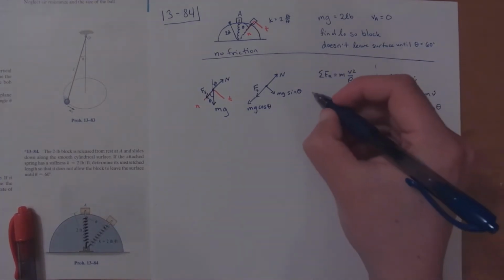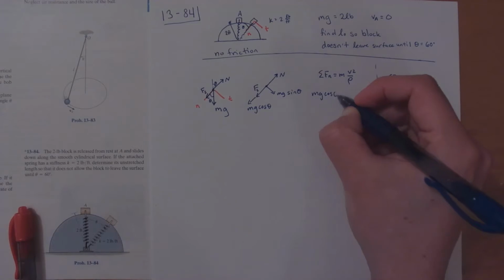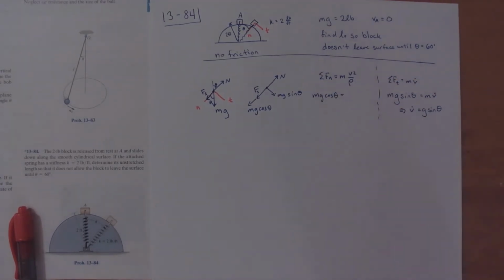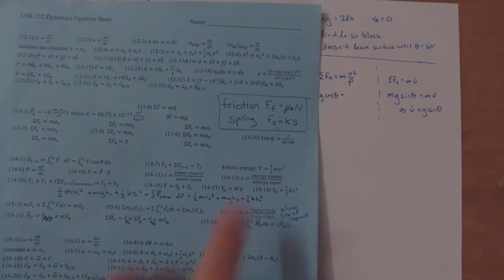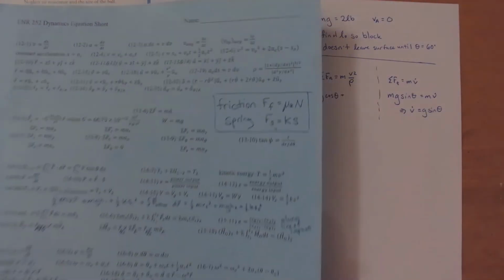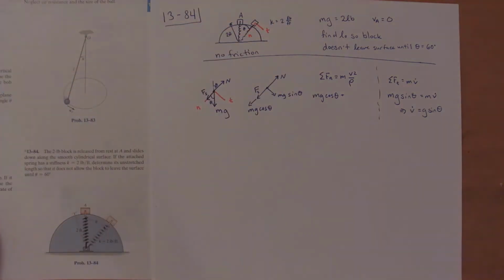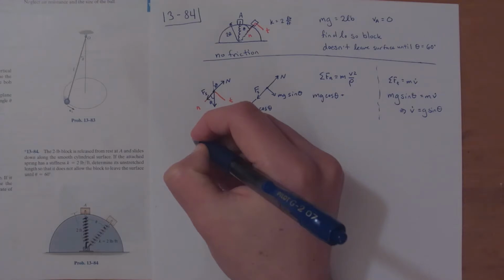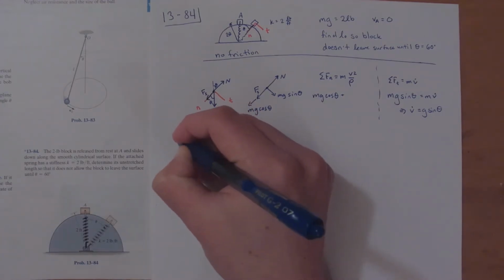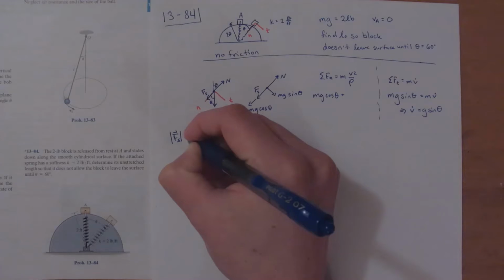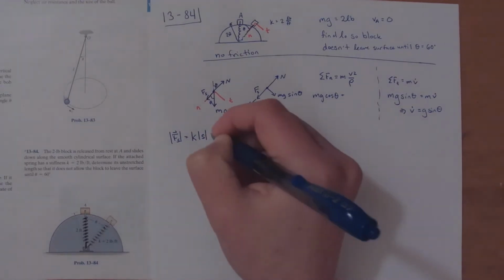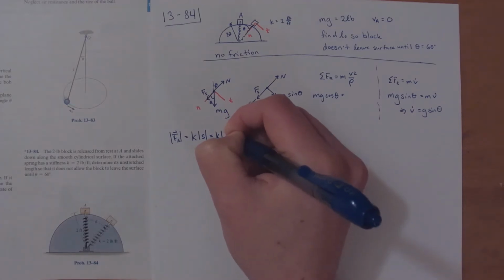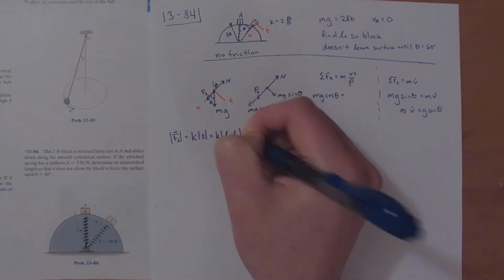So pointing inwards, I have mg cosine theta plus the force of the spring, and perhaps you have written on your equation sheet that the force of the spring is equal to K times S, and I think it's helpful to say the magnitude for the force of the spring is equal to K times the absolute value of S, and that's equal to K times L minus L naught.